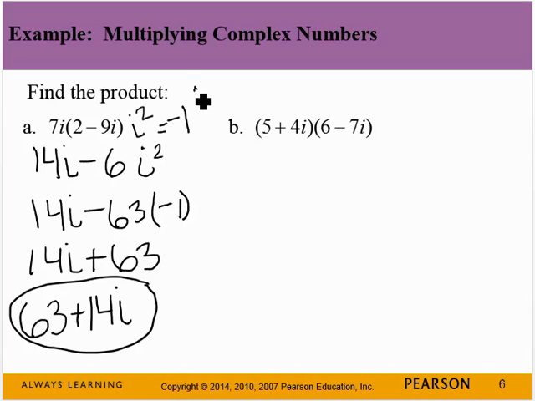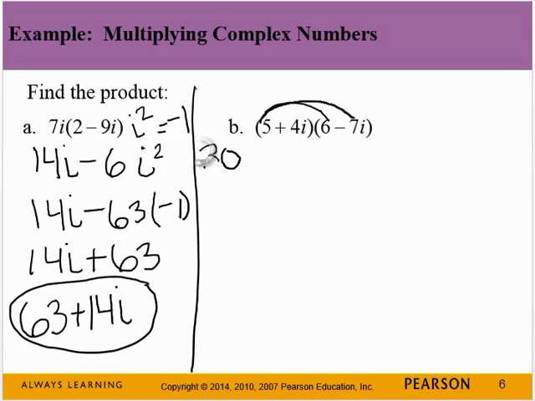So problem B. Think of foiling. So you want to multiply your first. So 5 times 6 gives you 30. 5 times negative 7i gives you negative 35i. 4i times 6 gives you plus 24i.